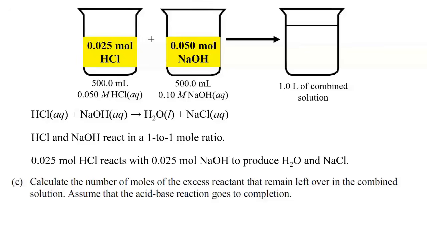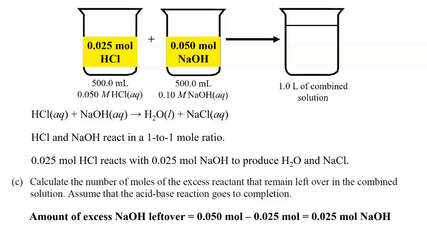So 0.025 moles of HCl, in other words, all of it, reacts. HCl is the limiting reactant with 0.025 moles of sodium hydroxide to produce water and aqueous sodium chloride. So how much of the sodium hydroxide is left over at the end? It would be the amount present at the beginning, 0.05, minus the amount of sodium hydroxide that was consumed in the reaction.